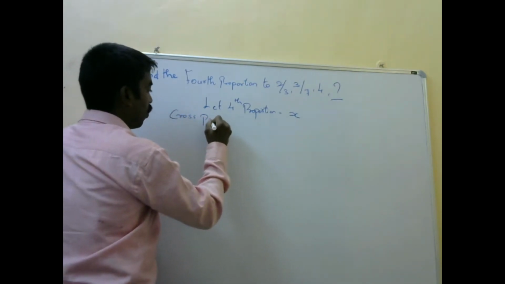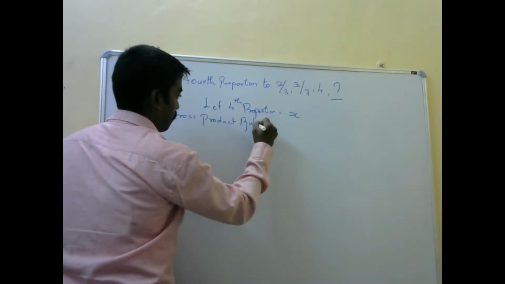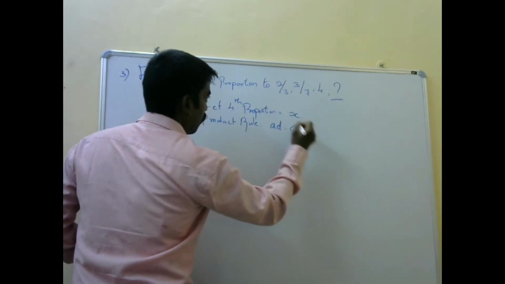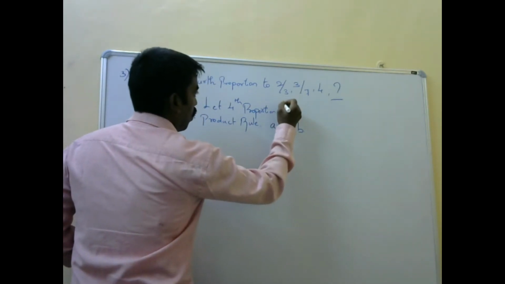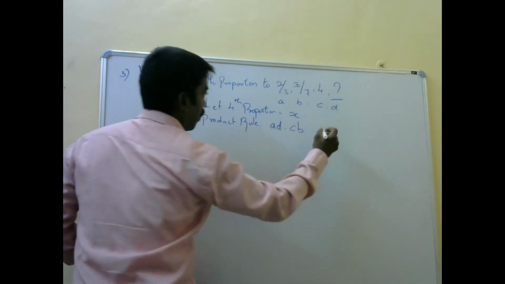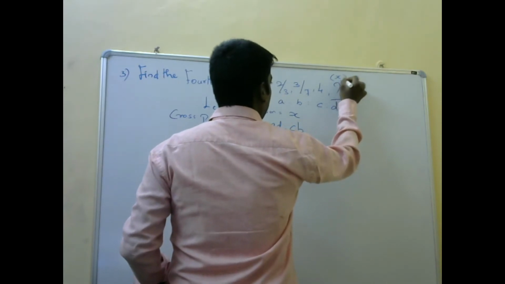Like before, we are going to solve this. AD is equal to BC. So A, B, C, D. We find this as x.